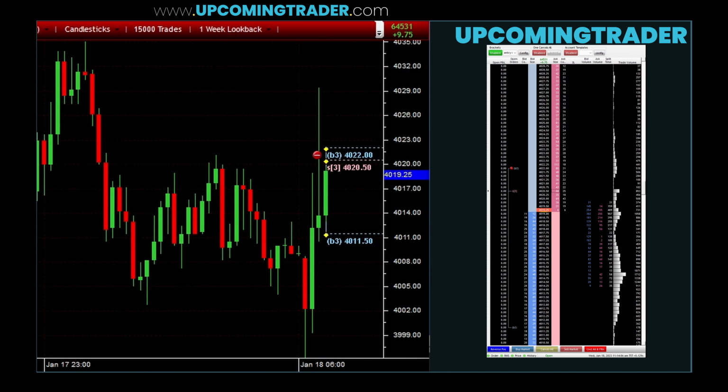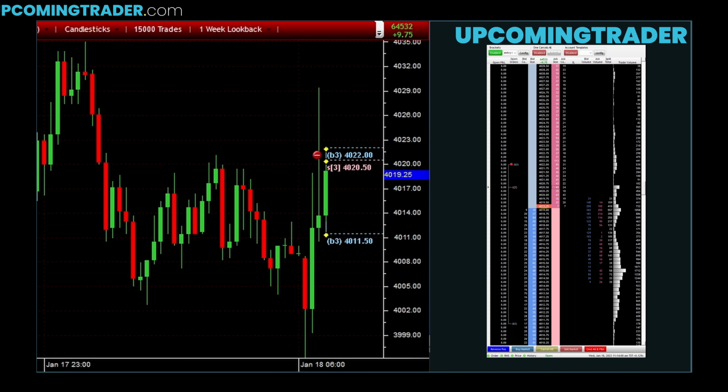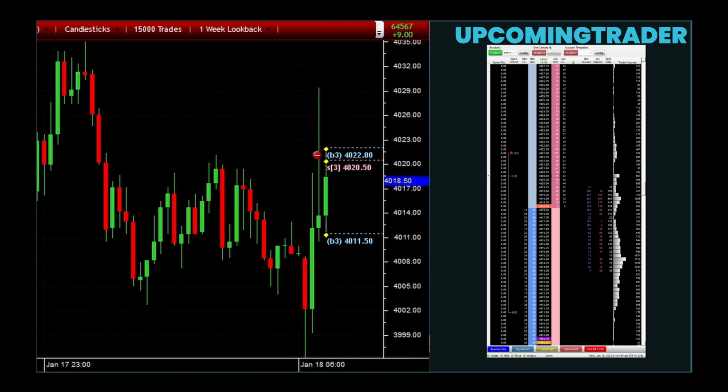Double tops and double bottoms are also critical reversal patterns. A double top forms when the price reaches a resistance level twice, failing to break through. The volume profile can help confirm this pattern if it shows a high concentration of trading activity at the resistance level, suggesting strong selling pressure.